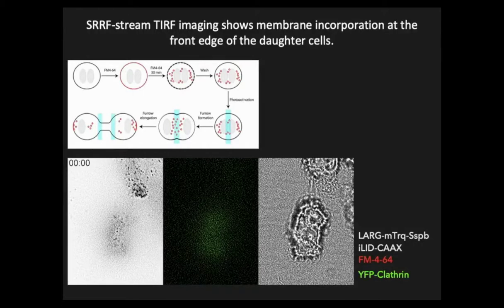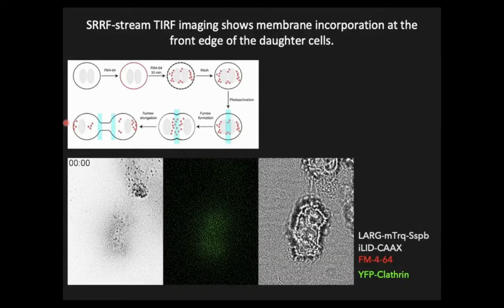To see if the cell is using exocytosis to incorporate new membrane and to see where this membrane comes from, we perform the next experiment. We use a fluorophore to stain the membrane, FM4-64, which is red. Also, it can be washed from the plasma membrane.